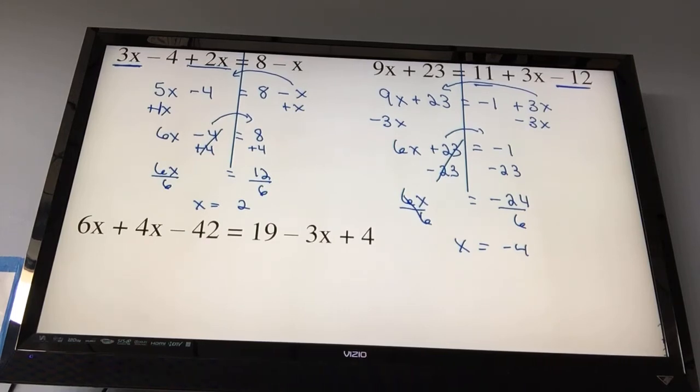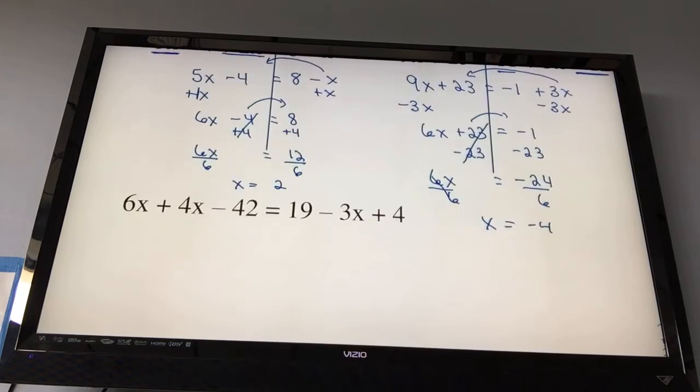Okay, on this next one, I'm going to do the first step, and I want you to try to finish it. On the left, I can combine the x's. Positive 6 plus 4, 10x. Minus 42 would come down.